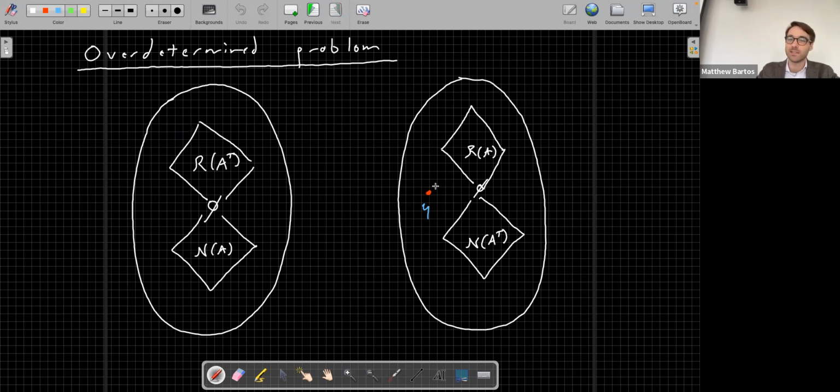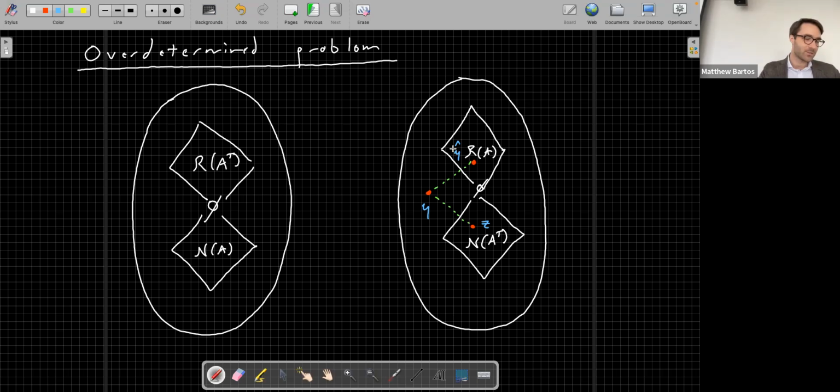In particular, it's a combination of a component from the range of A and a component from the null space of A transpose. Okay, and I'll call this vector here in the null space of A transpose Z. And this vector here in the range of A, I'll call Y hat.